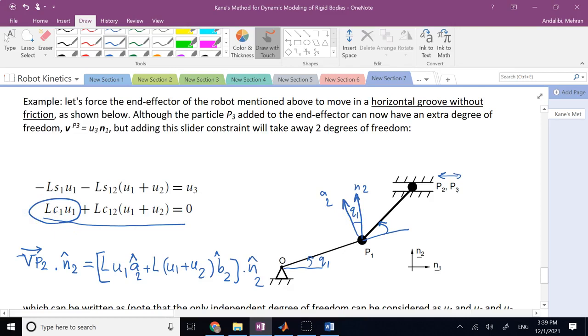So that's this term. And the next term is L (U1 plus U2) times B2 dot N2. B2 here is this vector, which is perpendicular to member number 2.